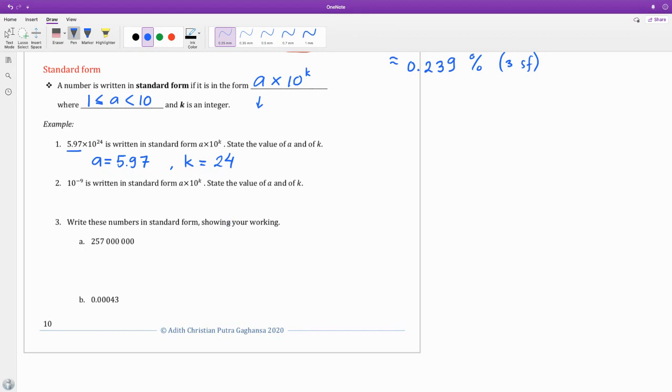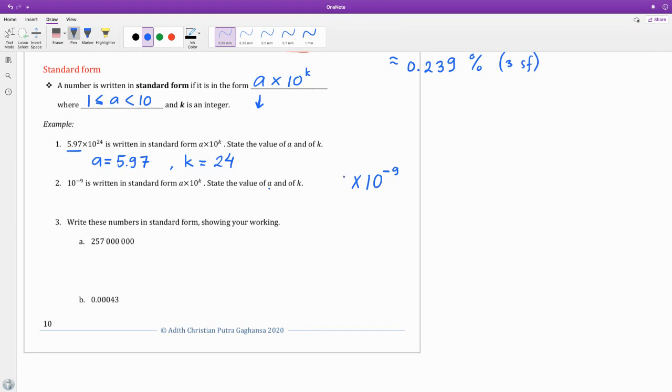Next example, number 2, 10 to the power of negative 9 is written in the standard form. State the value of a. Well, we have 10 to the power of negative 9. The value of a is the value in front of the multiplication sign. In this case, we have times.